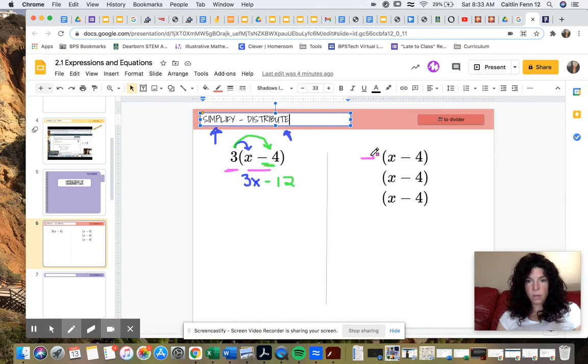So we've got it 1, 2, 3 times. And so when we have it 3 times, if you add all those together, we'll have 3 x's. And we've got -4, and another -4, and another -4. And so that'll be -12. So do you see how that ends up being the same thing, that is equal to this?